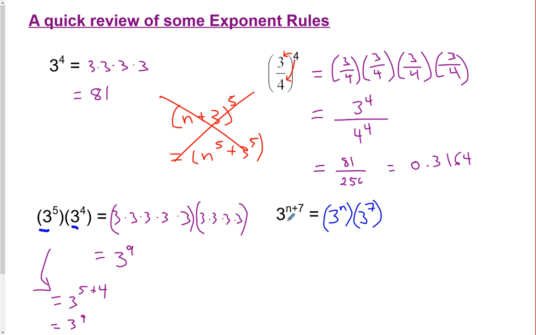If I've got something and it's got some exponents and those exponents are being added together, I can transform that into two separate bases, each that have one of those pieces and that are multiplying each other. So this is going to be pretty useful in the stuff that we're doing today.